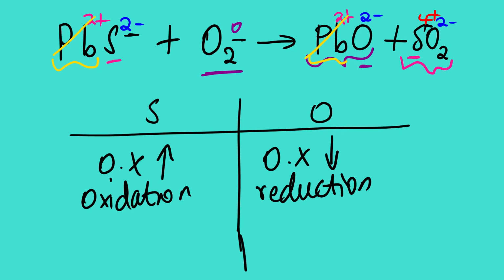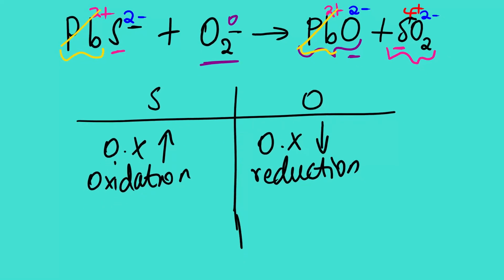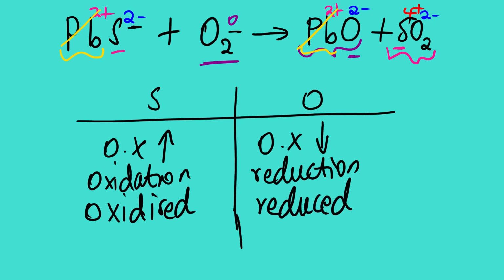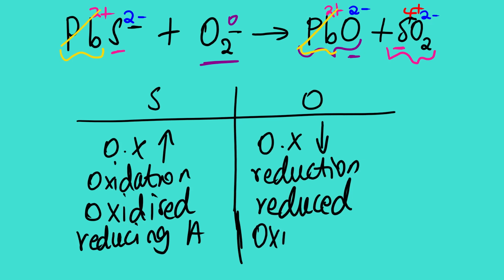Then we can also conclude that this was oxidized, then this one was reduced. Then we say this is our reducing agent, then this one is our oxidizing agent.